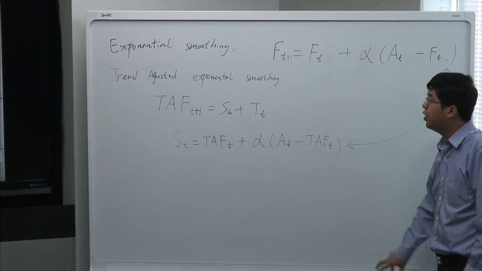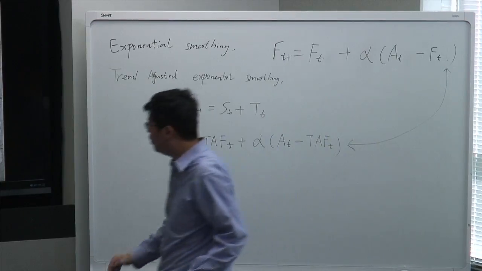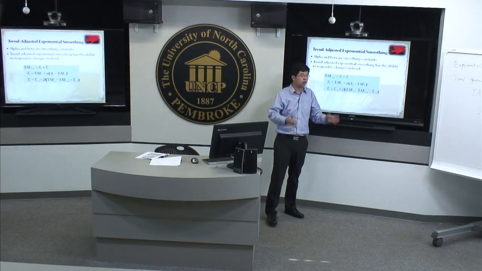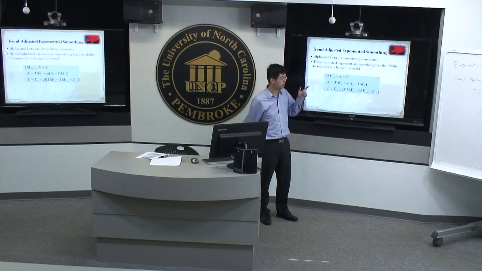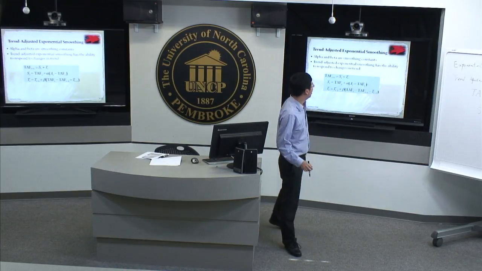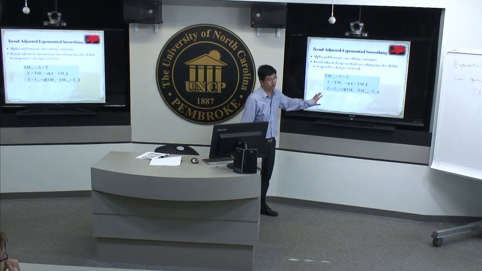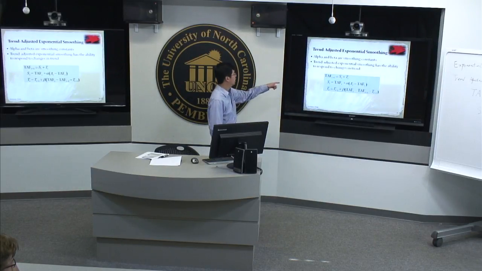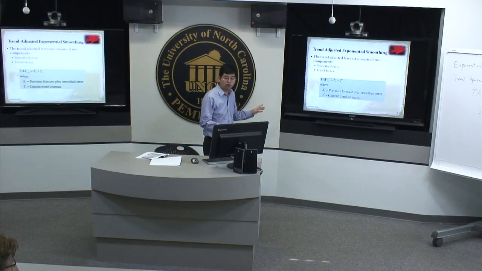So in this trend adjusted exponential smoothing method, the first term S(t) is nothing but the traditional exponential smoothing forecast, right? That's S(t). Clear? The difference is just here. It can capture trend T(t). T(t) is the current trend estimate.